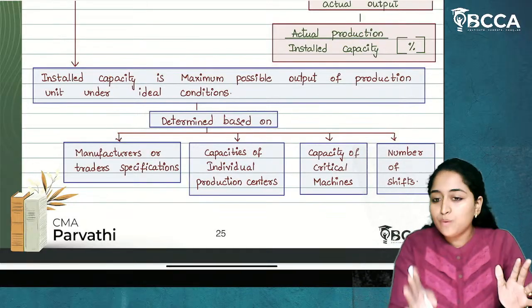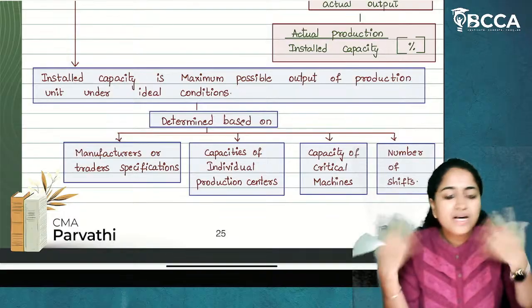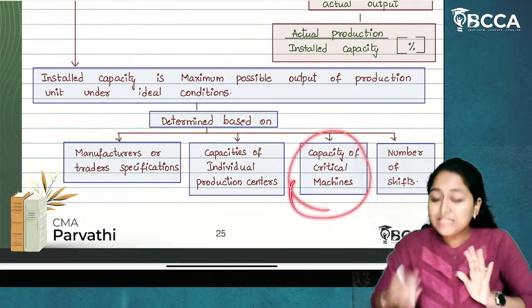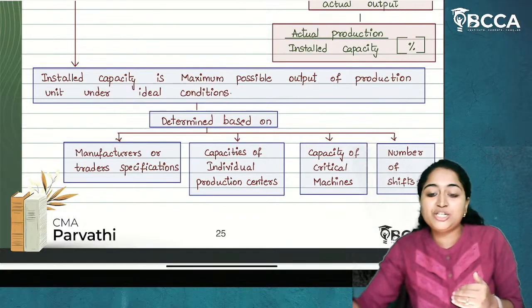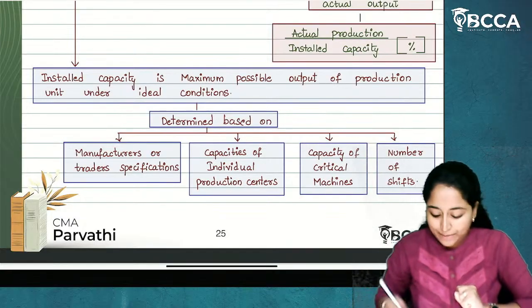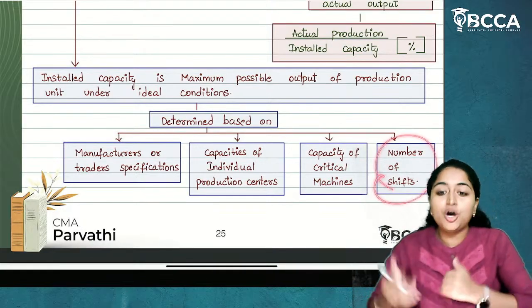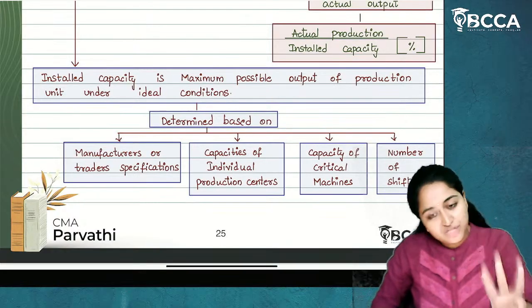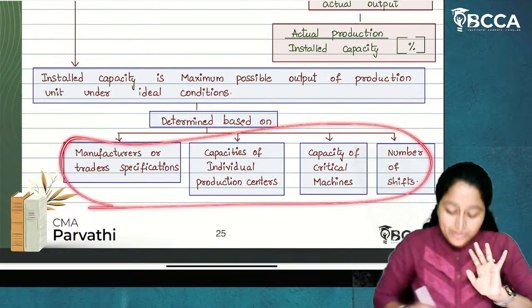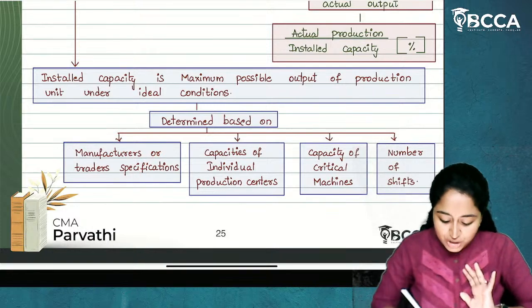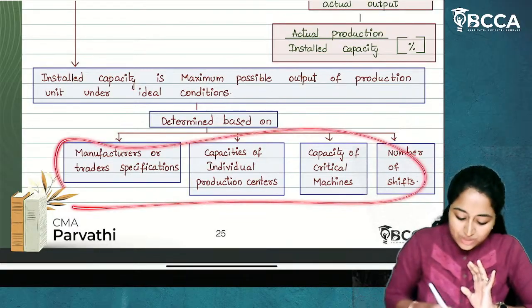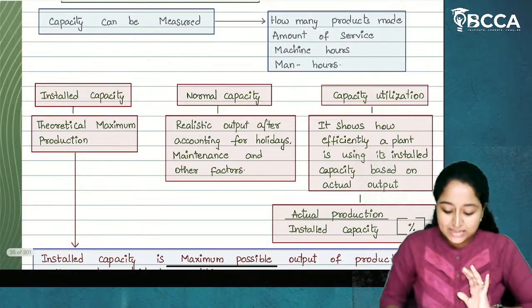If it can work only for 8 hours, after 8 hours no production will be done in an effective manner, so only 8 hours will be the capacity. Capacity of critical machines, how critical machines can work in normal ideal conditions, and number of shifts. If there are 2 shifts in a day, only 2 shifts are the capacity. If there are 3 shifts, 3 shifts are the capacity. So it is determined based on manufacturer trader specification, capacities of individual production centers, capacity of critical machines, and number of shifts. Based on this, we will be determining the installed capacity.